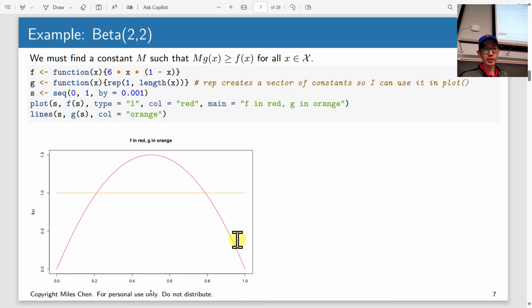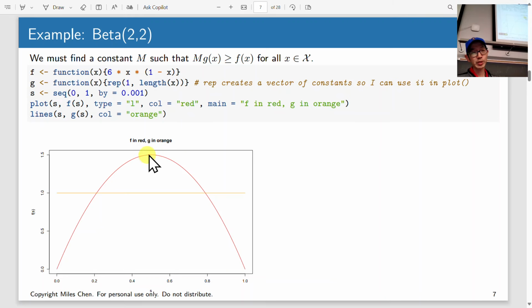So this is what it looks like, and what we need is to multiply g of x, which is going to be the uniform, by some constant so that it is greater than f of x for all values of x.